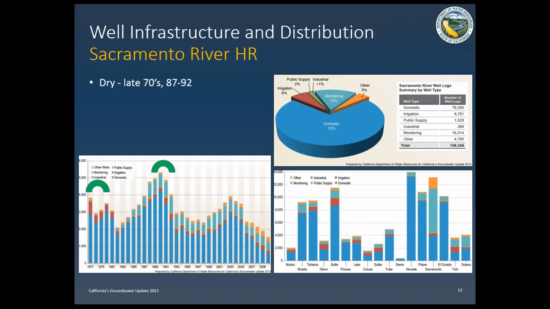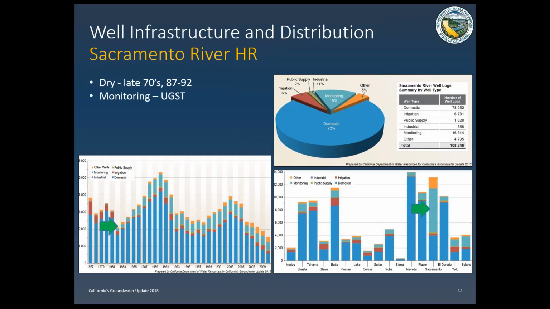And we also see it showing up in the late 80s, early 90s. We do see some ag wells increasing in 2007 to 2009, but we're not confident that that's an indication of drought at that point, or at least dry periods.